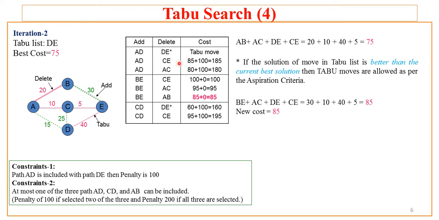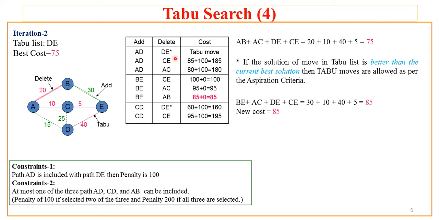Before I try to explain this particular iteration 2, I will expect you to pause the video to do the calculations of adding some path, that is path AD, BE and CD, because we have already got a solution with inclusion of path AB plus AC plus DE plus CE, and whatever remaining paths are there, those paths can be tried.